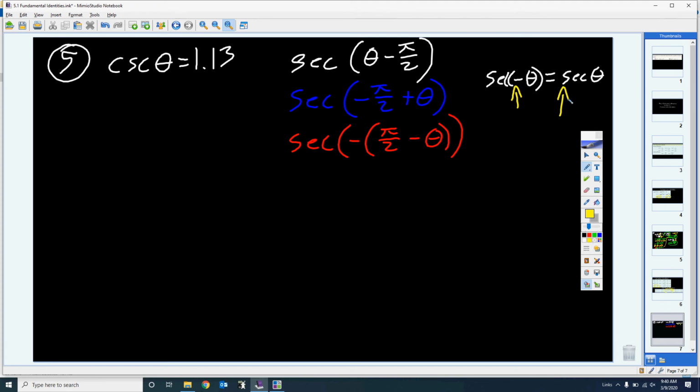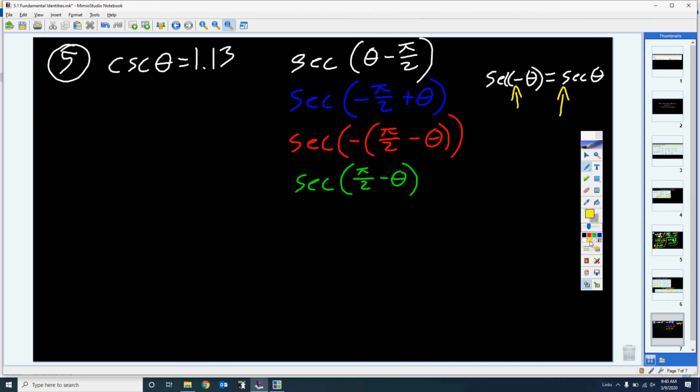If this was tangent or sine or cosecant or cotangent, I would have to move that negative out front, and it would make the entire thing negative. So I can now rewrite this as secant of pi over 2 minus theta.